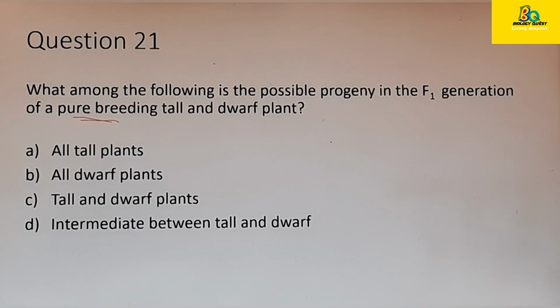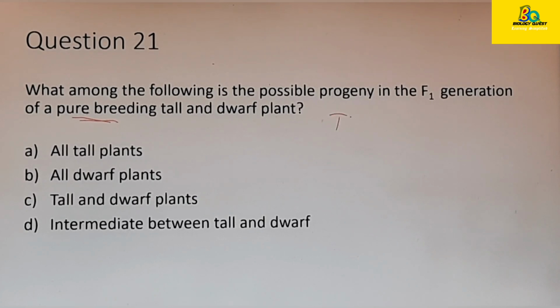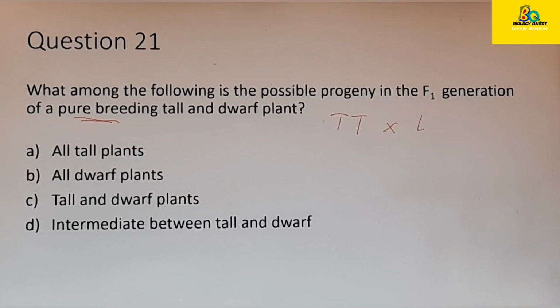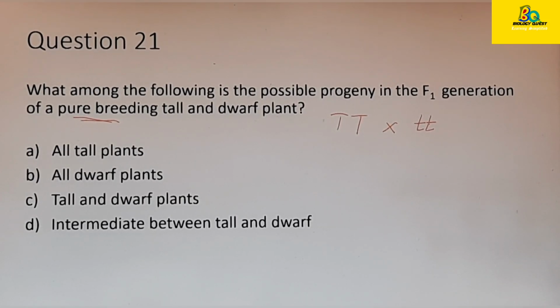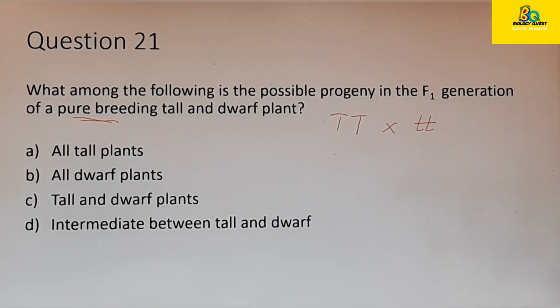We will be taking the English alphabet T. So pure breeding tall, the genotype will be capital T, capital T. It's crossed with a dwarf plant. Dwarf is a recessive trait for the character plant height. And always remember, the recessive trait is expressed in the homozygous condition.